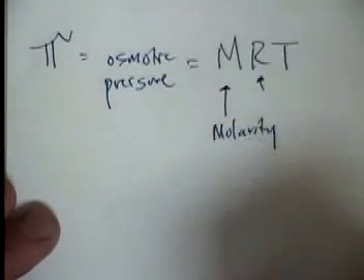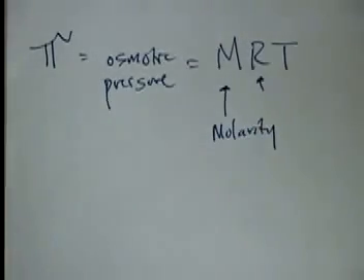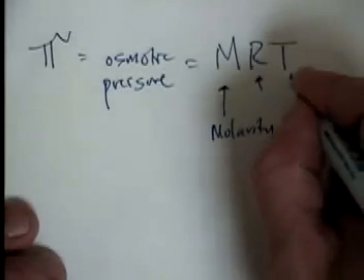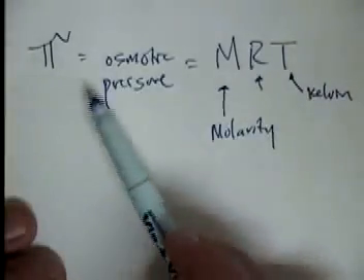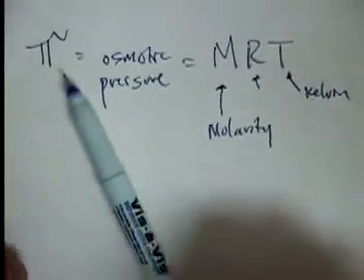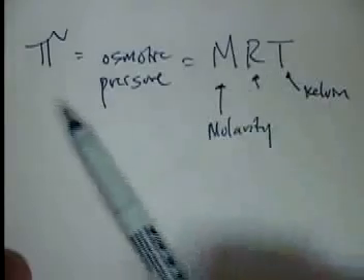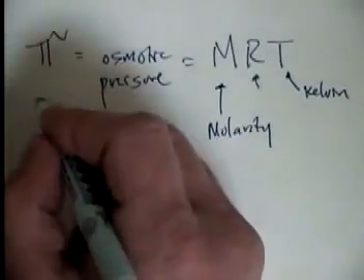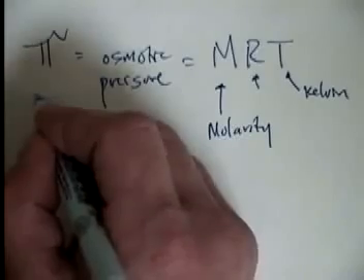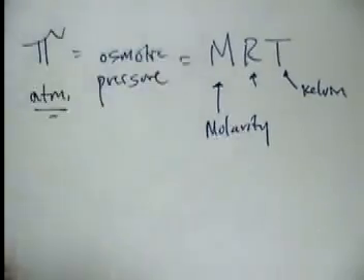R is the universal gas constant, and generally it's given in atmospheres, so you use 0.08206. And then this is the Kelvin temperature, of course, as well. So you can see osmotic pressure of a solution is directly proportional to its temperature, and it's also directly proportional to its concentration. Osmotic pressure is measured in units of pressure, which generally are things like atmospheres.